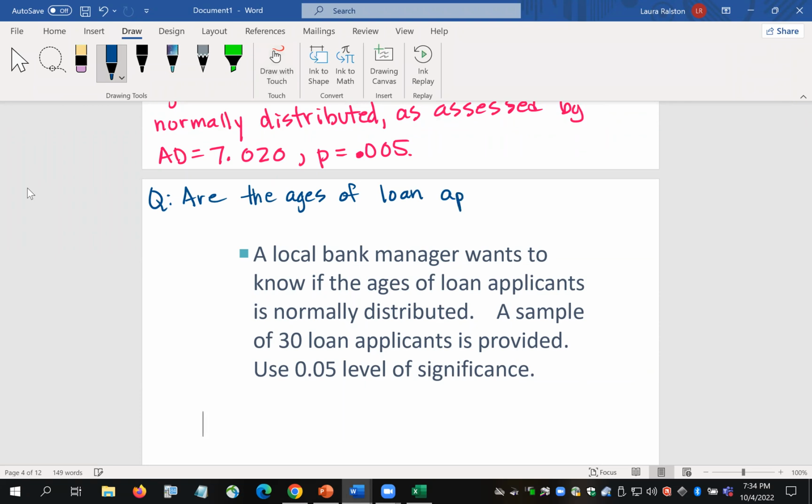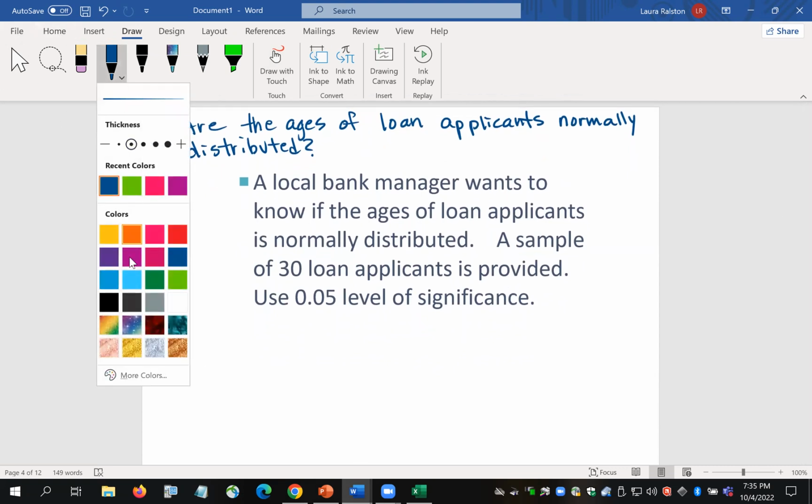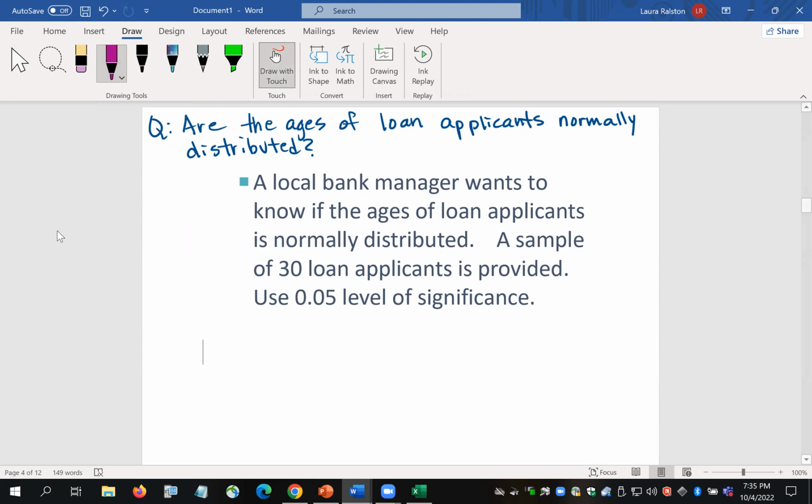It doesn't always have to be ages, guys, it just happens the two examples that I pulled are the ages of loan applicants. And so again, ultimately, we begin by posing an answer to that question. So step one in the process is to state the hypotheses.